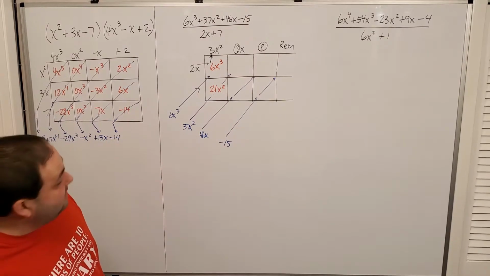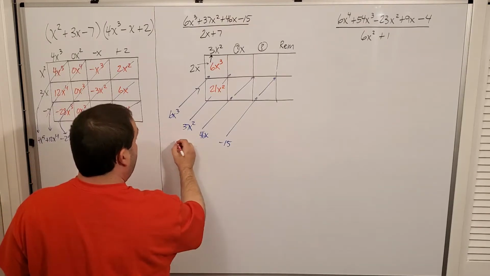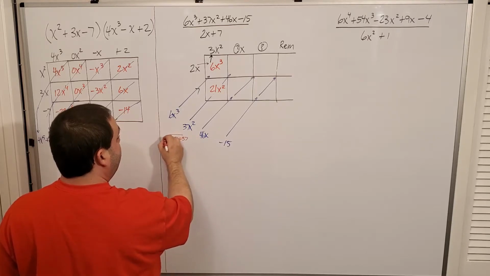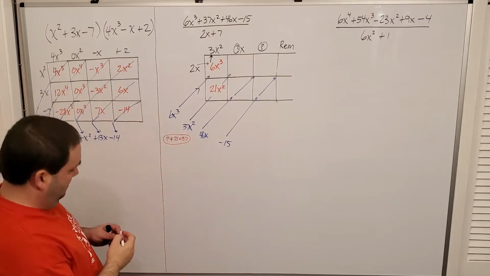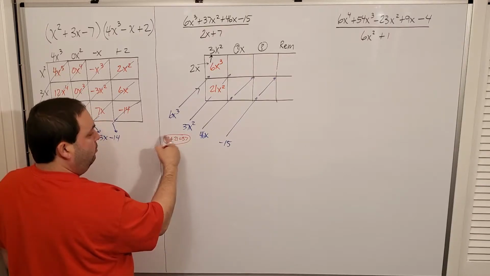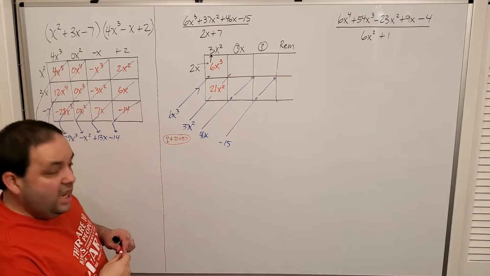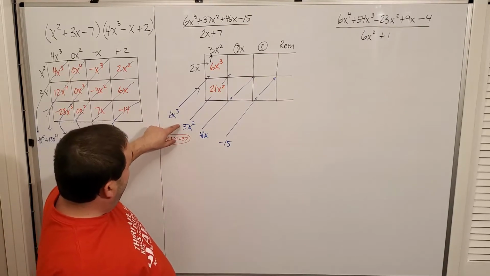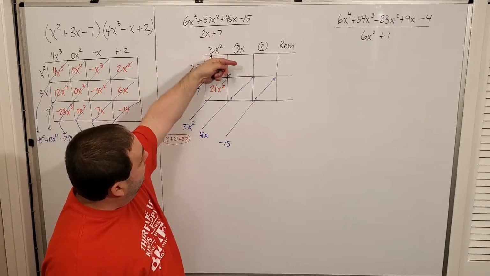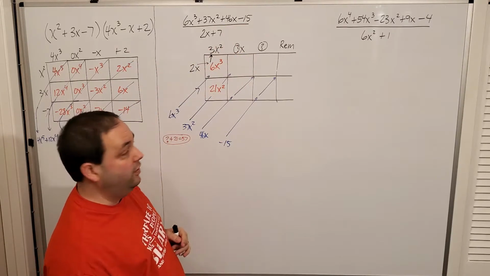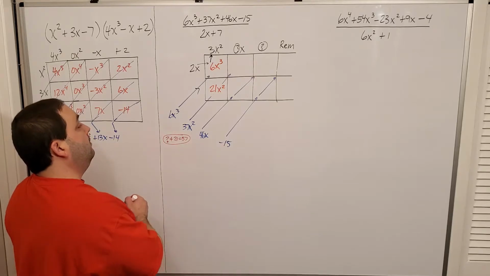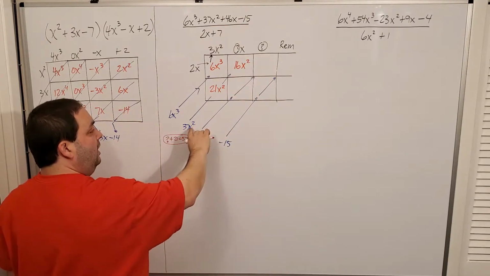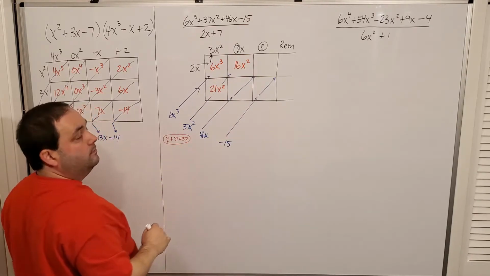That's what you need to be asking yourself right here. What number plus 21 would give me 37? Or if you want, you can think of it like a subtraction. This is the total. 37 minus 21 gives me what left over here. You would say 16x squared, because these are the x squared diagonals, right?